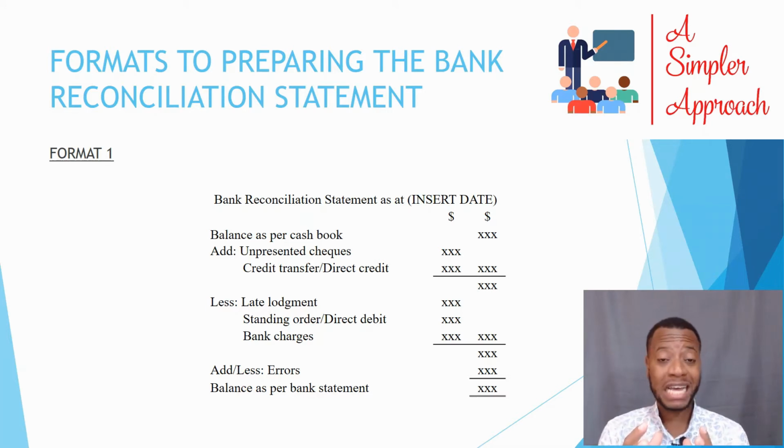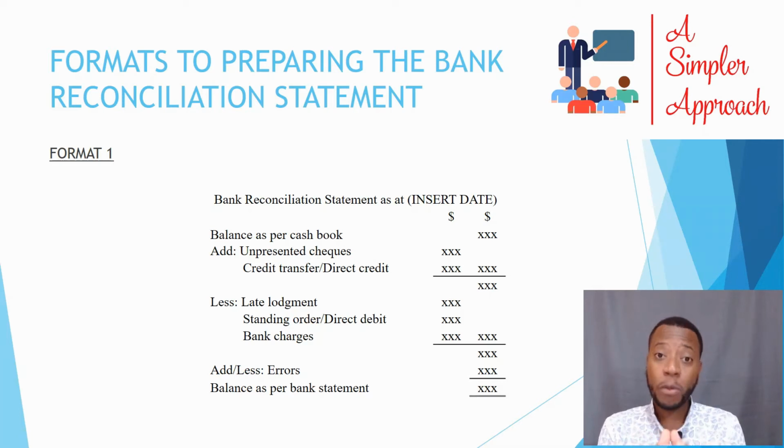Now, because of that, in order to level the playing field, you add it to the cash book balance. Let me say that again. The check has not yet been presented to the bank, which means the bank's balance is higher than the balance of the cash book. Therefore, to reconcile, to balance it out, to level it off, you simply add it to the cash book balance.